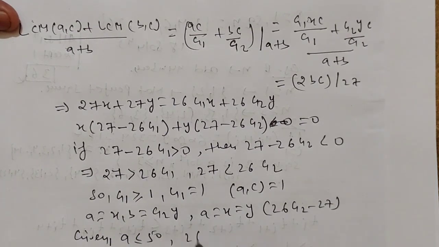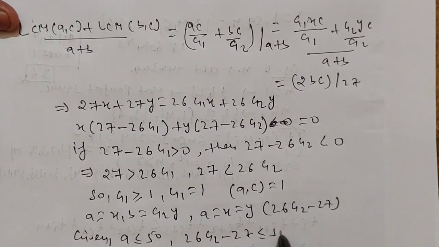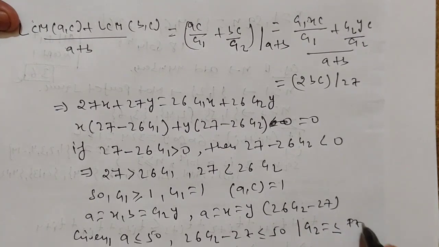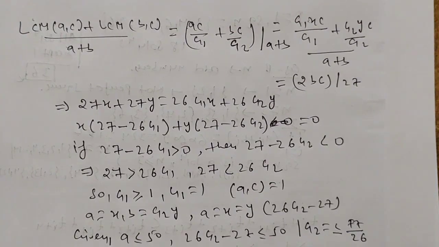So we have 26G2 - 27 is less than or equal to 50, and now we have G2 less than or equal to 77/26.